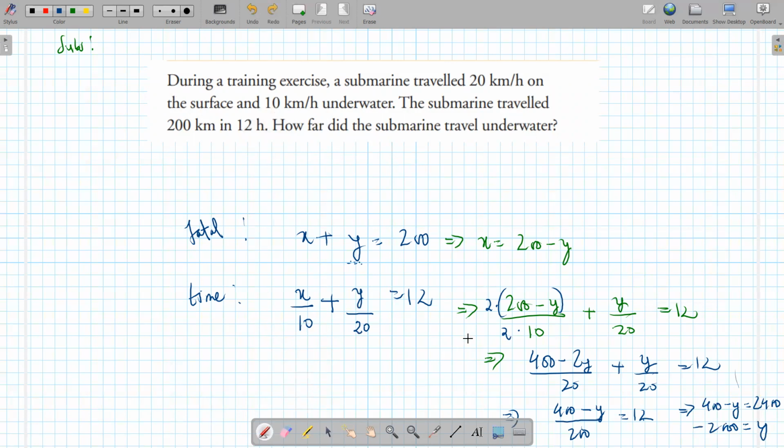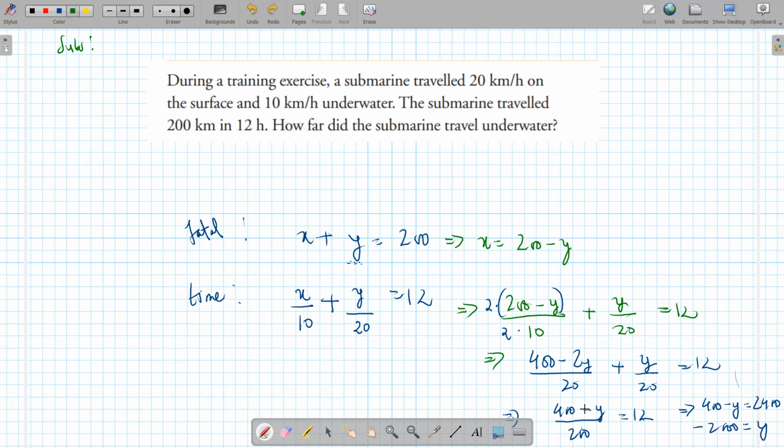And then what did we do? We subbed this in. X is 200 minus y over 10. That's good. 2 times 10, 20. 2 times 200, 400 minus 2y plus y. 400 minus y is 12. Oh, yeah, I got it.